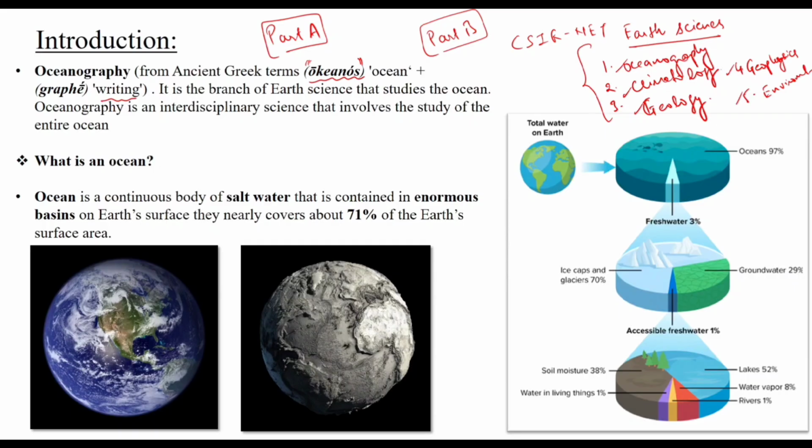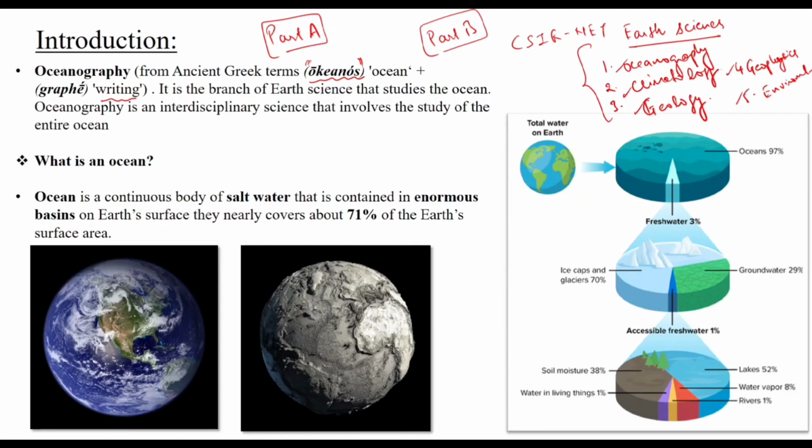I've met people from oceanography, meteorology and geophysics backgrounds, and they say that for them CSIR-NET is very, very difficult, because there is a complete advantage for a person who has completed a master's in geology. A lot of questions in section C are asked purely from the geology aspect.